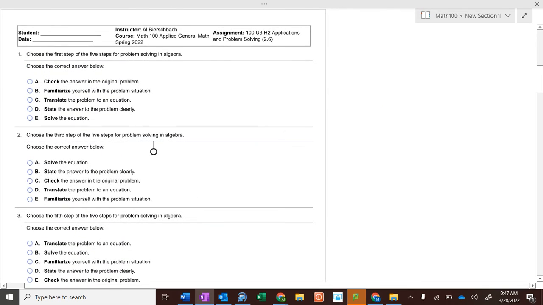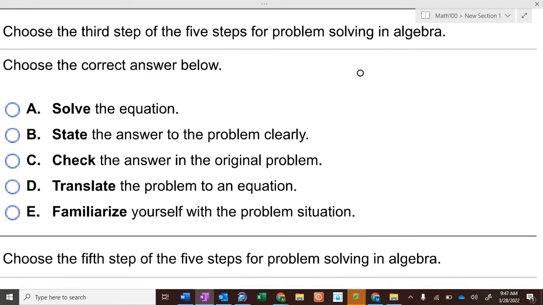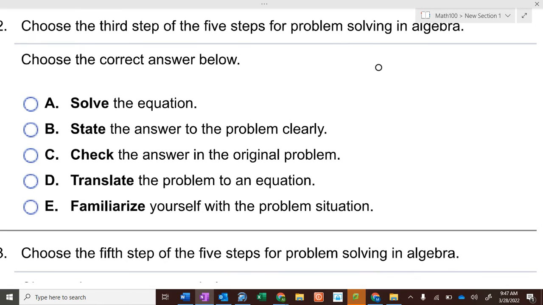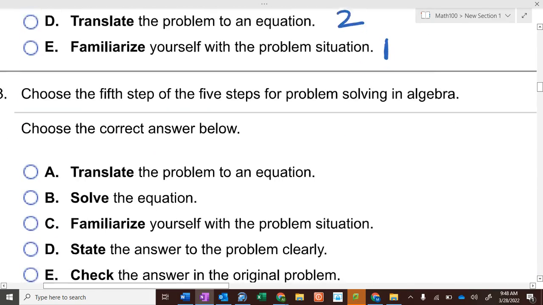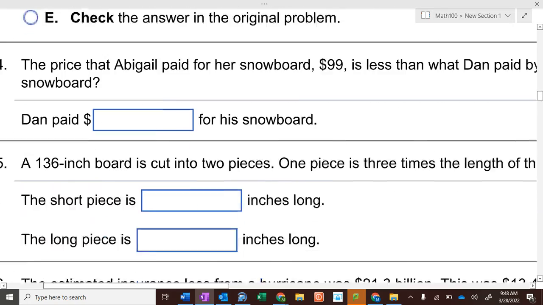Solve the equation is the third step. Step number 1 is this. Step number 2 is this. Step number 3 is this. Then 4, 5, and then the fifth step. All right.